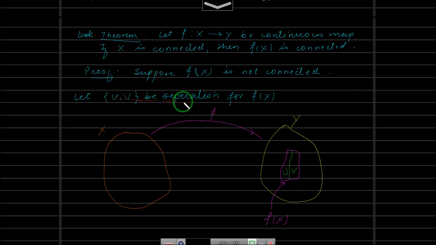Since U and V is a separation for f(X), this means U and V are open in f(X) as a subspace topology.